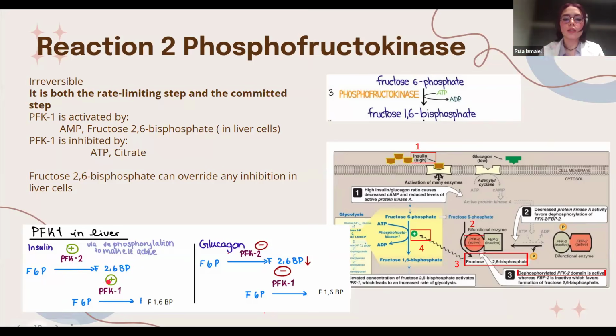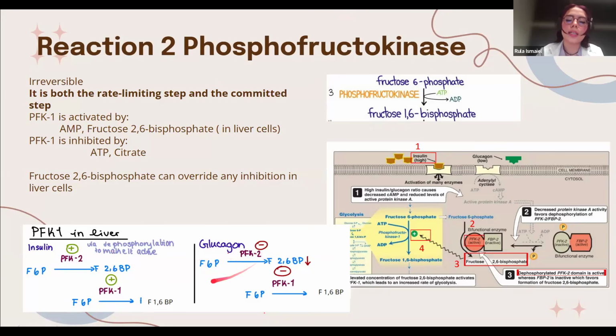This intermediate, fructose 2,6-bisphosphate, activates PFK1. Please keep in mind the difference between 2 and 1 and what they do. PFK1 then converts fructose 6-phosphate to fructose 1,6-bisphosphate, so it can continue with glycolysis. And it's dephosphorylated to make it active.